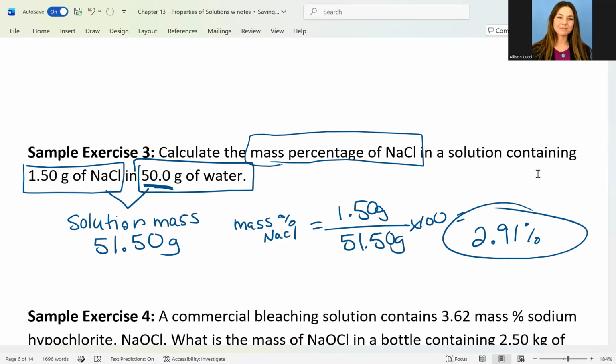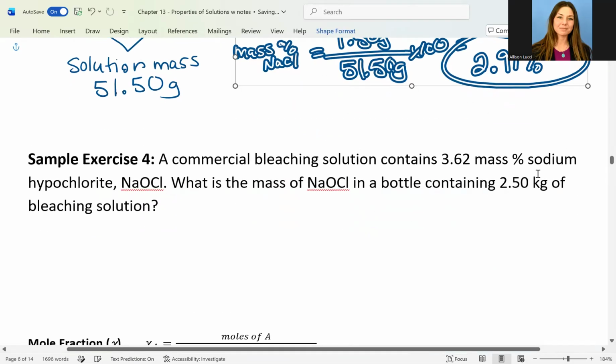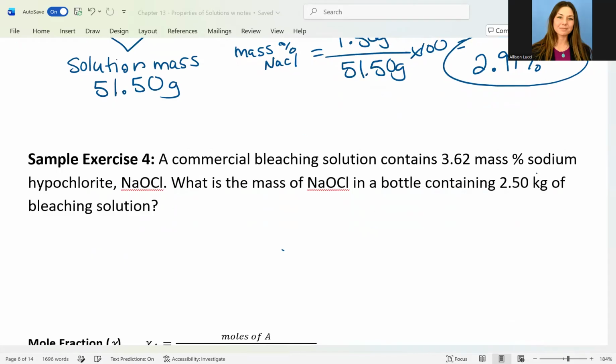So we can take a look here also at sample exercise 4, and we can use the same setup and just rearrange our equation now to solve for what we're asked here. So we want to know what the mass of this compound here is, which is sodium hypochlorite, NaOCl. We want to know how much of that is in a bottle, which contains 2.50 kilograms of bleaching solution.